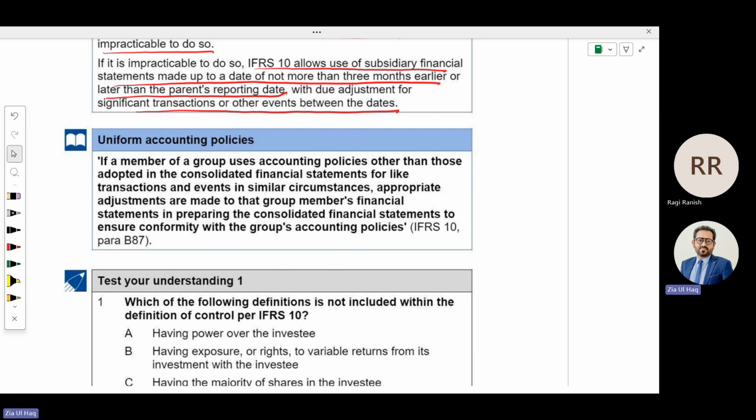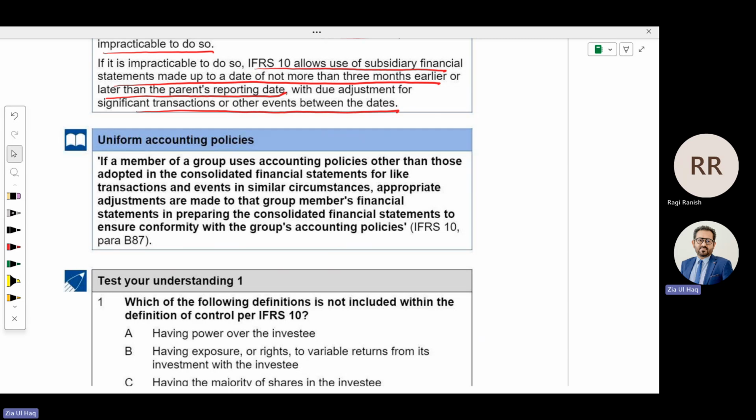But if they are different due to some genuine legal reasons, like the parent company is preparing financial statements as per IAS, IFRS, and subsidiaries operating in a different country need to prepare financial statements as per US GAAP, generally accepted accounting principles, which is the name of another type of accounting standards.